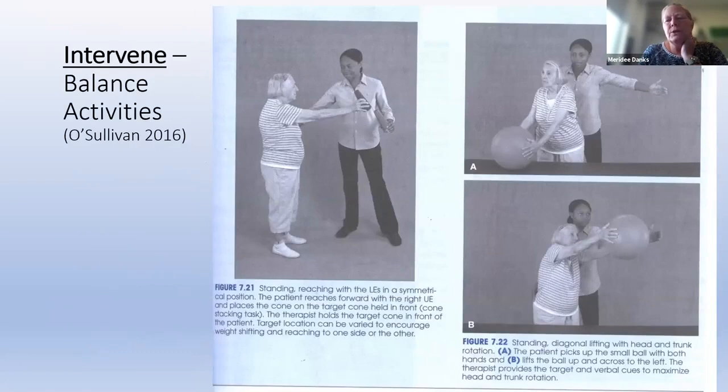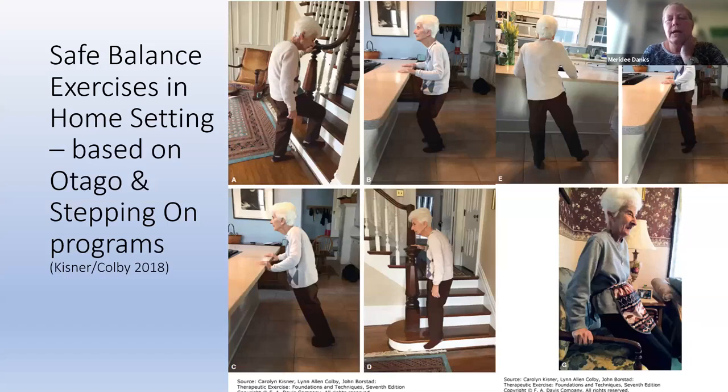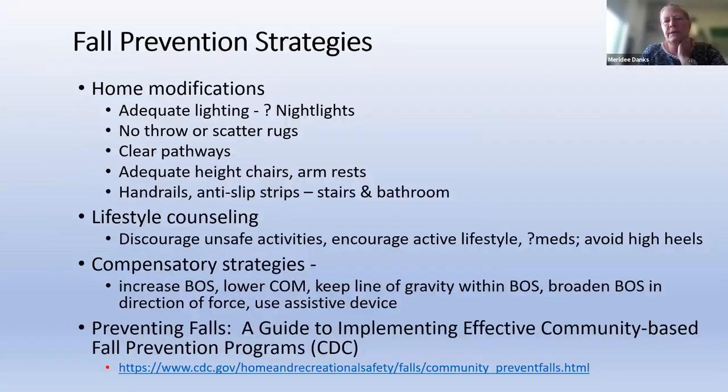And then it shows a couple of different balance activities that you can do to work on dynamic activities. And this just shows safe home exercises that a person can do holding on to the counter, or the steps, or the chair, and do these safely.